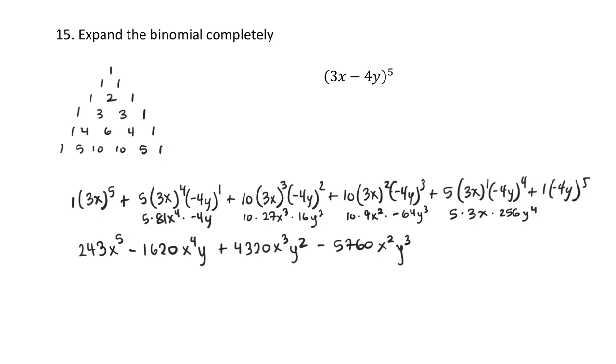So we need to multiply 5 times 3 times 256, which is positive 3,840 x y to the fourth. And finally, -4 raised to the fifth power is negative 1,024 y to the fifth.